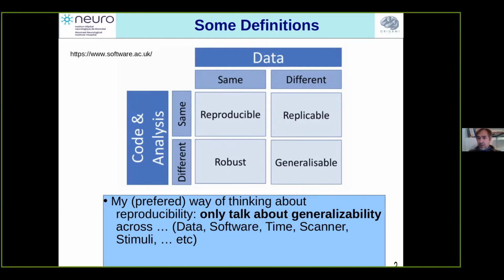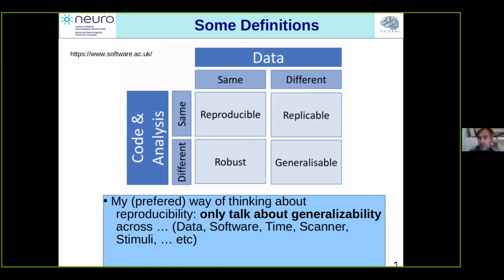While if you're thinking of having a different data set, we're talking more about replicability. And if you're thinking about using the same data set, but a different type of method, similar pipelines or similar algorithms to get the results, then this is more on the side of robustness.